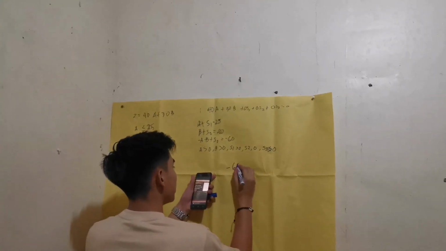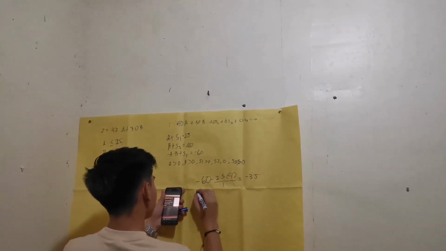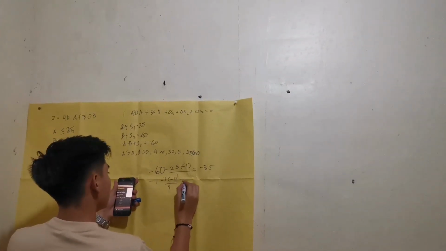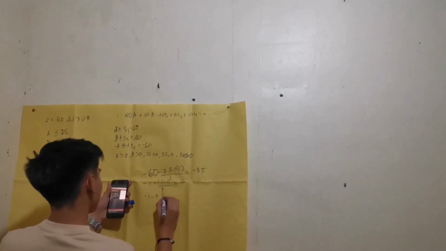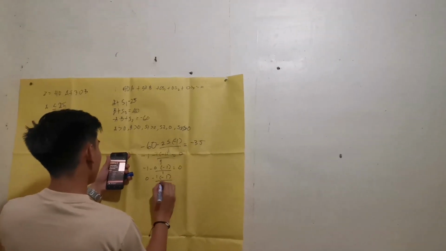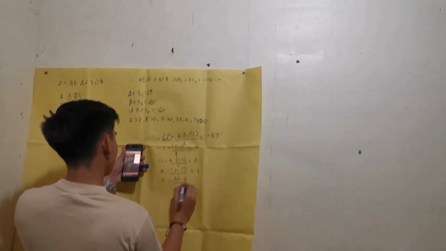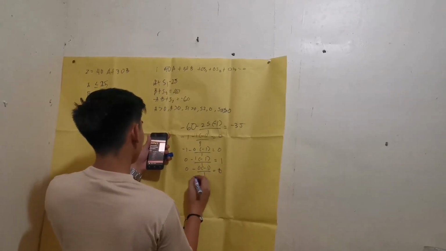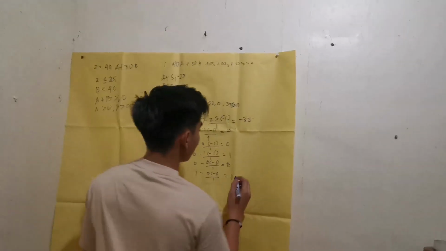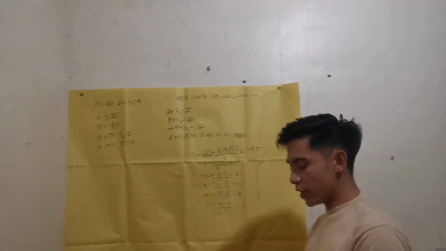So, alam niyo naman yung formula. Sulat ko na lang. 25. So, ito yung z sub j values natin.